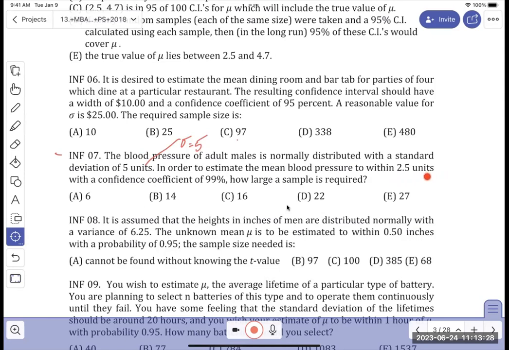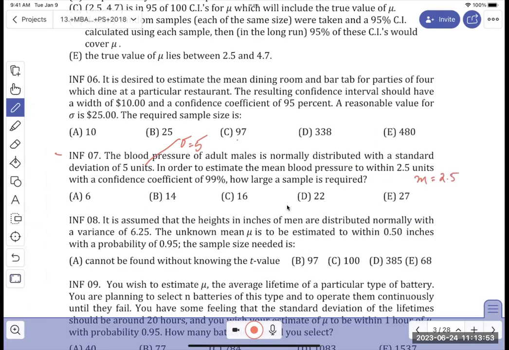Marla says that 2.5 is X bar. What do you think? Edgar says it's the error. What is the margin of error? Very good. So that's actually M. It's not the X bar, it's M, 2.5.